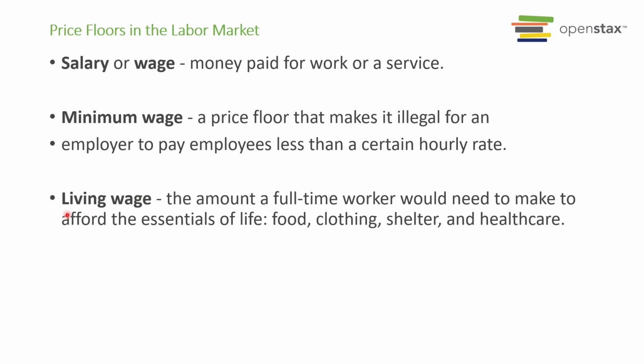We could also talk about the average living wage for the entire country, which takes the average prices of food, clothing, shelter, and healthcare, and tells you what the wage is for someone to have a decent living. And the salary or the wage, by definition, is the money that is paid for work or a service.